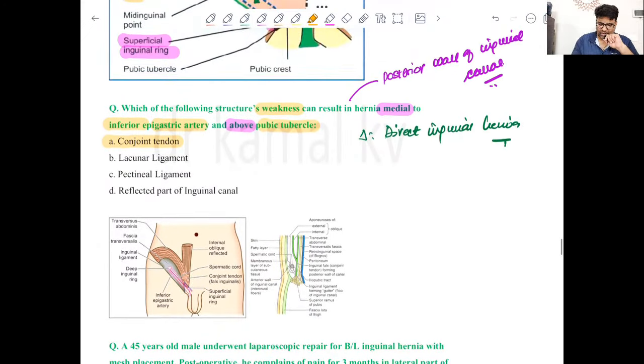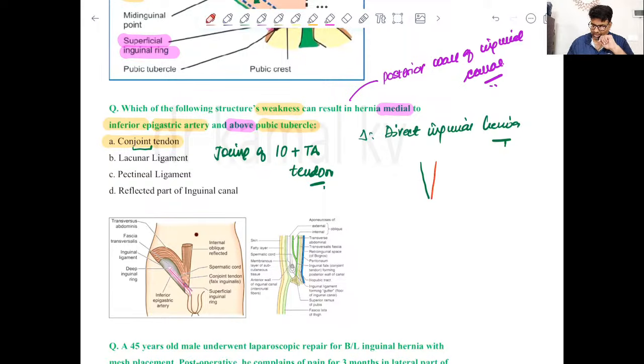Now what is the conjoint tendon first? See, the word is joint, so there is joining of the internal oblique plus transversus abdominis tendon. Suppose this is internal oblique and this is transversus abdominis. Then they form a common tendon, and this tendon is known as the conjoint tendon.